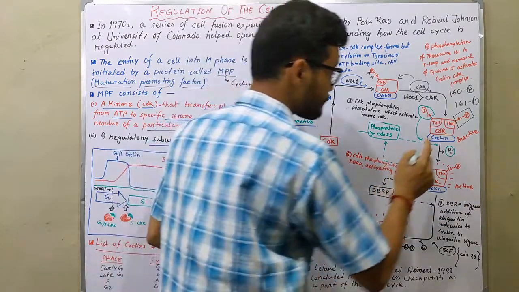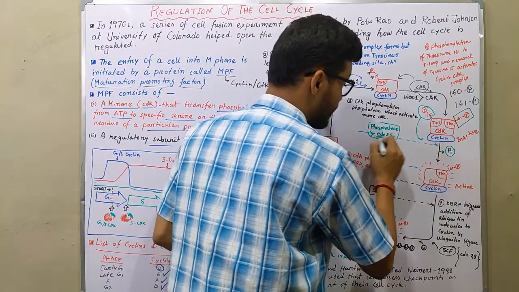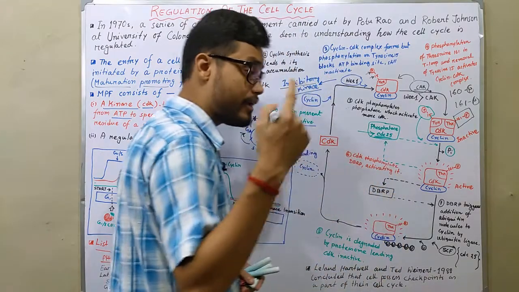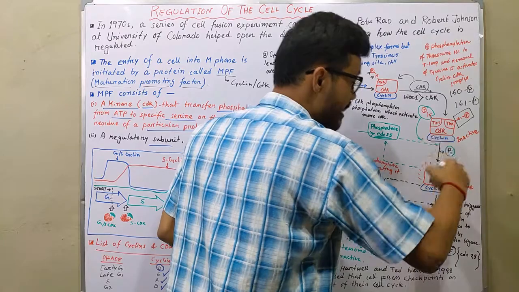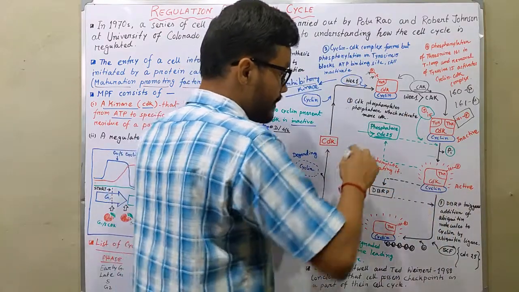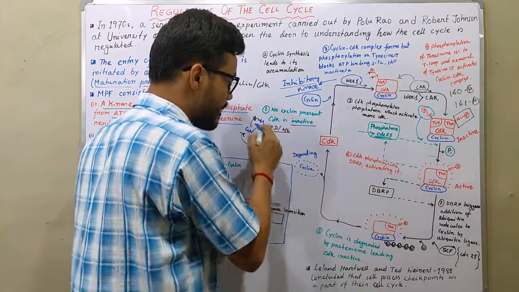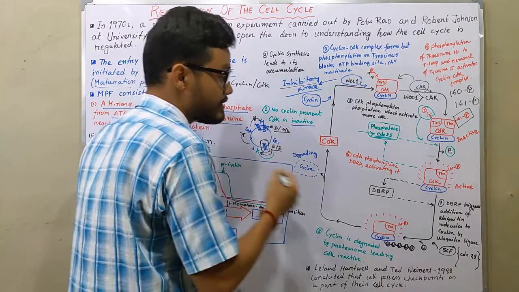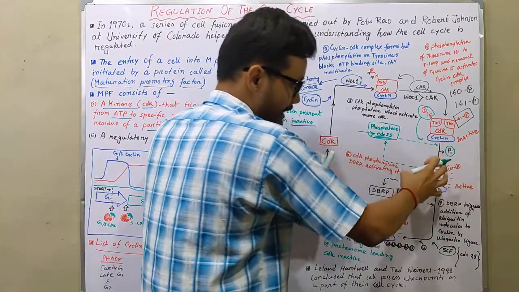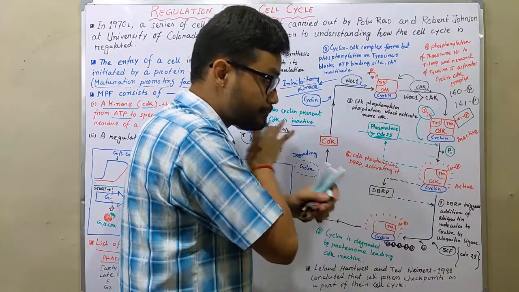When the phosphatase, that is the Cdc25 enzyme, is activated, these cyclin CDK complexes are activated. And after performing the total function, that is completing the transition from G1 to S, those complexes are now dissolved or degraded.